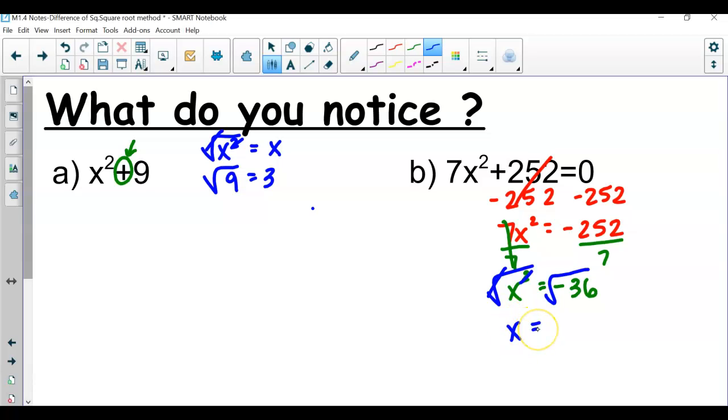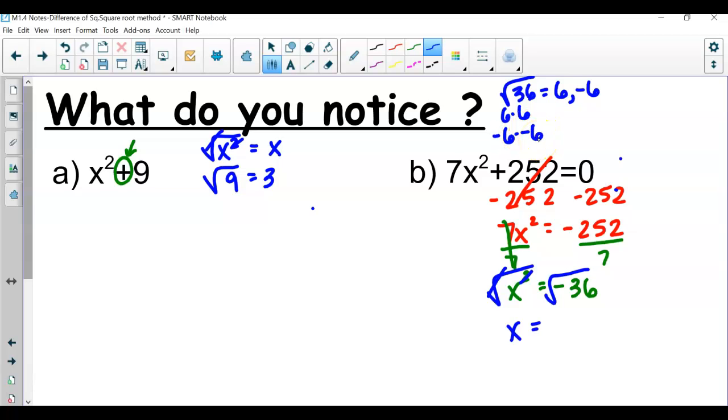And x is equal to the square root of negative 36. So let's say you put that in the calculator. You get an error message, right? Well, if you think about it, can we take the square root of a negative number? Is there a square root of that negative? Well, no, because the square root of 36 is positive 6 and negative 6, because 6 times 6 is 36, and negative 6 times negative 6 is 36, right?